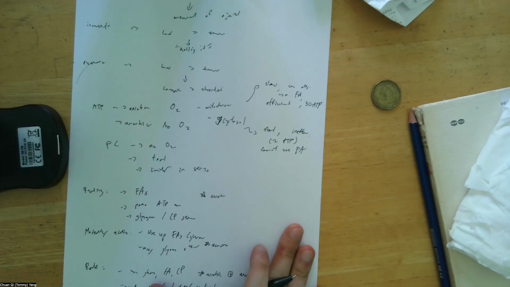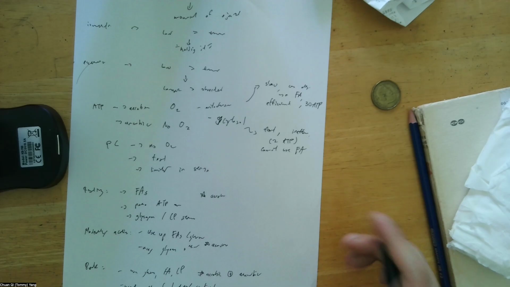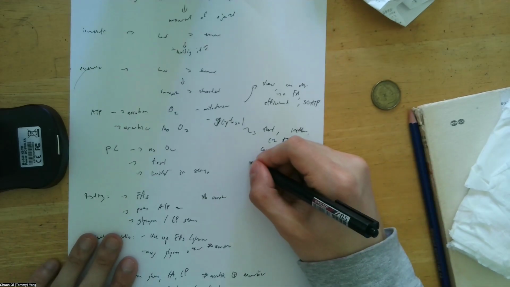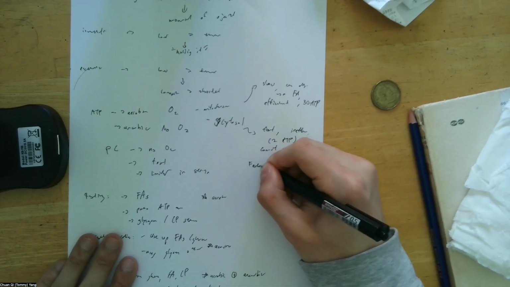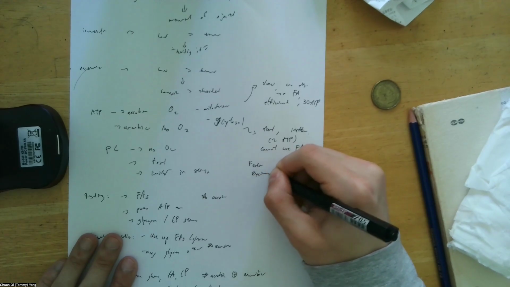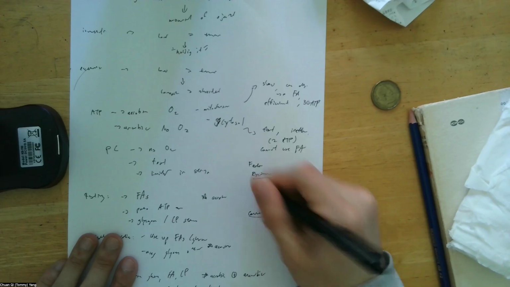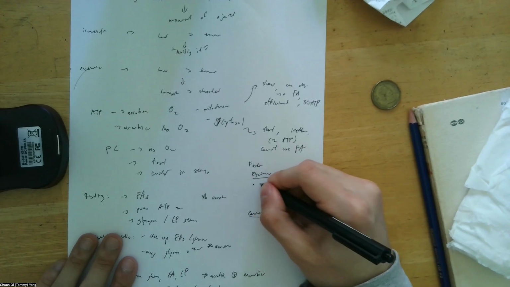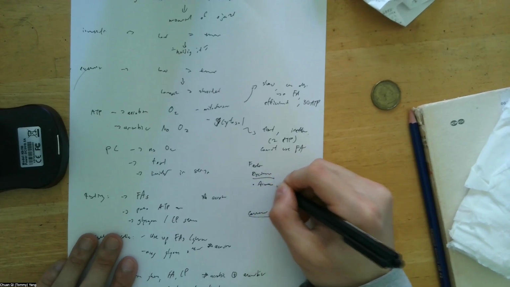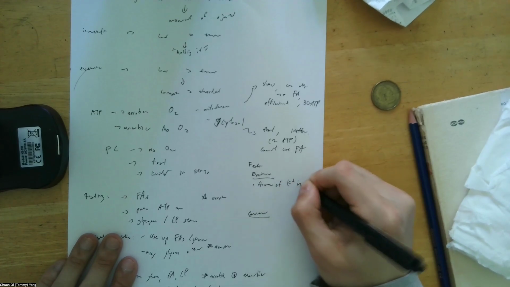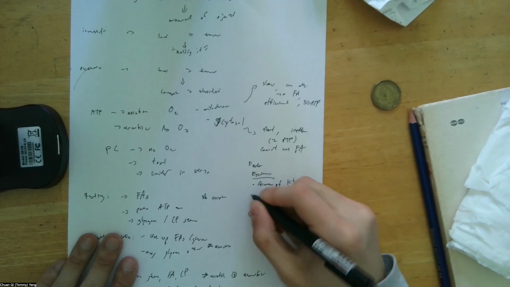So fatigue occurs when your ATP production is unable to keep up with the contraction cycle or your movement or whatever you're going to do. So there are two types of factors. You can have factors affecting excitation, and you're also going to have factors affecting contraction. In terms of excitation, you can have accumulation of potassium in T tubules because you need to move stuff.